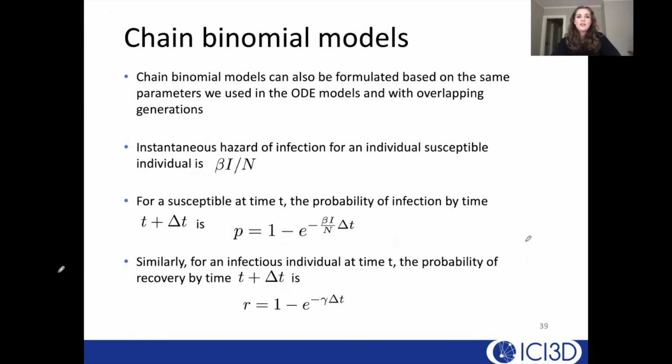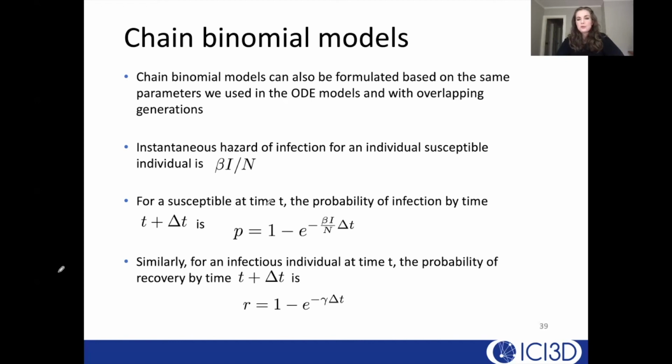And we can think about these chain binomial models using the same parameters that we used in the ODE models. To do that, as we have done already, we define the instantaneous hazard of infection for a susceptible individual as beta I over N. And we can use this in our definition of the probability of infection by having 1 minus e to the minus beta I over N times delta t.